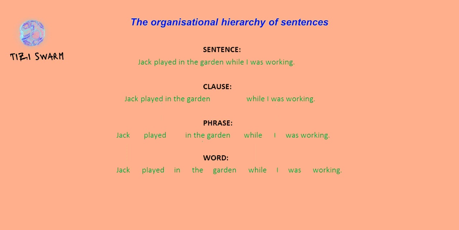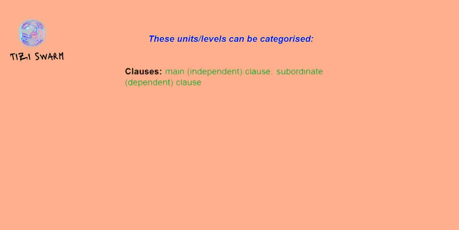Right, so let's move on now and have a look at how we can categorize these levels. So, clauses, we can categorize them according to whether they are main clauses or subordinate clauses. So that just means basically if it's a main clause, it can stand alone, it can function on its own.